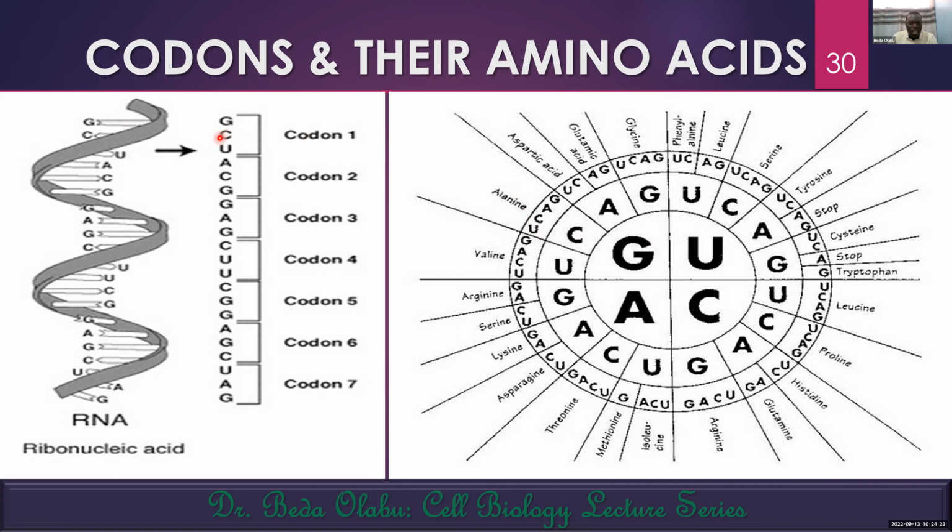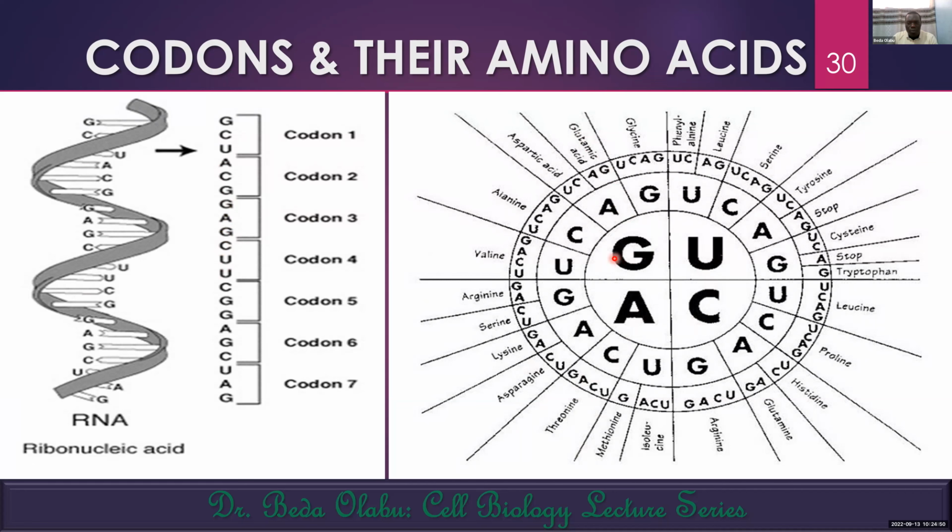So that's the first amino acid there. Then the second amino acid is ACG. We can go to ACG, we see threonine there as the second amino acid. The third amino acid is GAG. So let's look at GAG, so that's glutamate there.